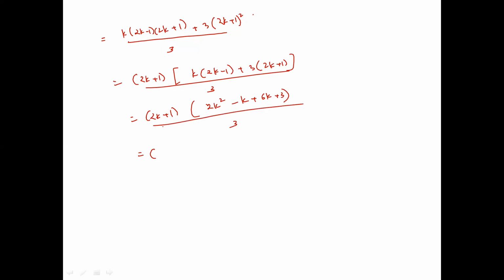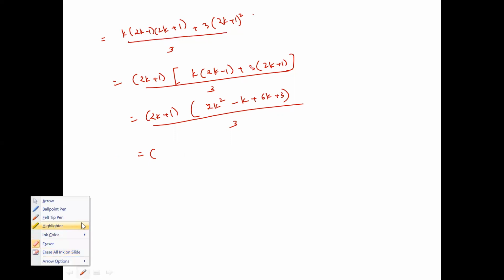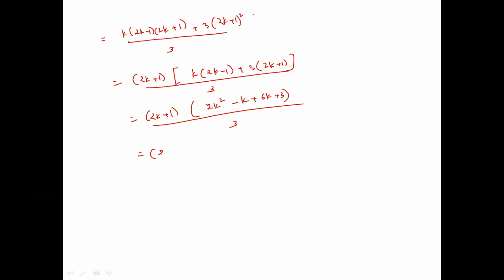That means, how to simplify this? I will write 2k plus 1 into 2k square plus 5k plus 3 by 3.